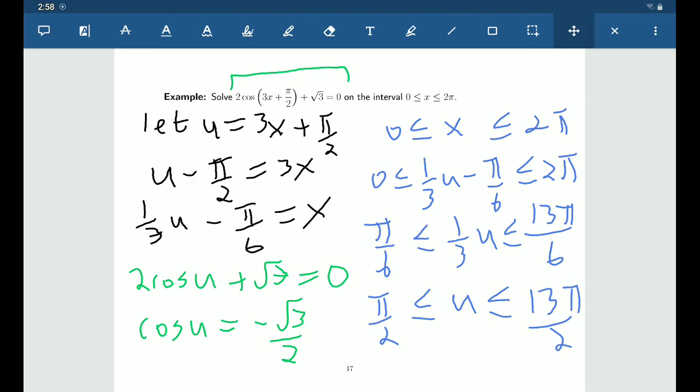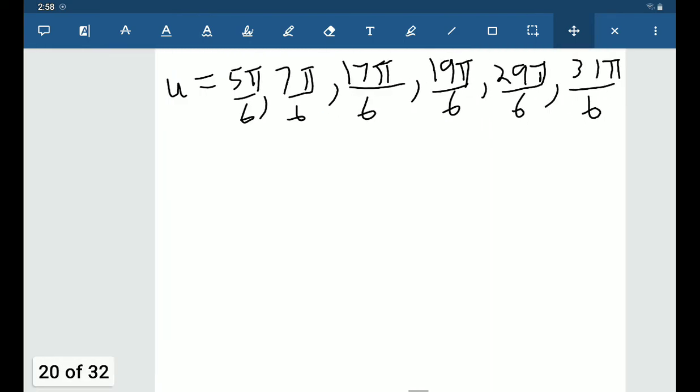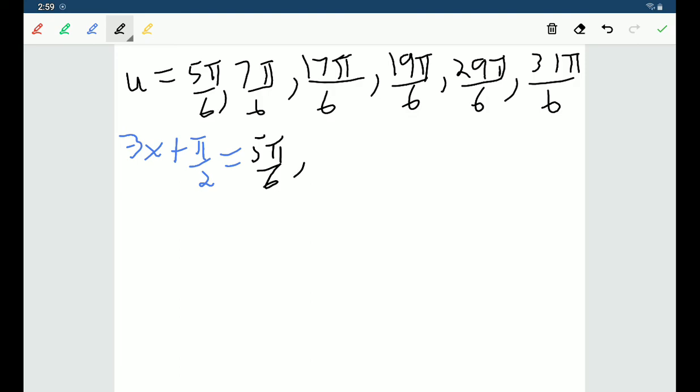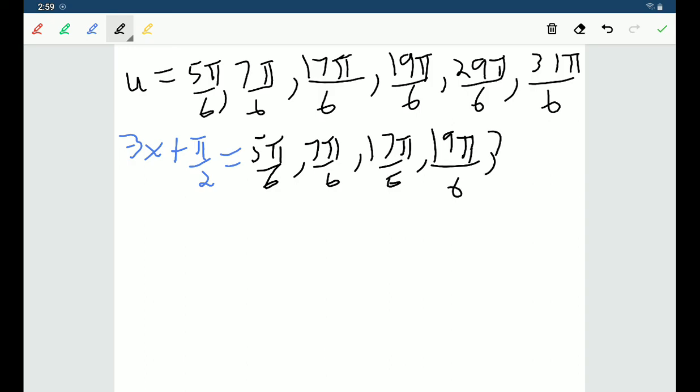So now we'll use the fact that u is the same thing as 3x plus pi over 2. So we can say that 3x plus pi over 2 is equal to all of those angles: 5 pi over 6, 7 pi over 6, 17 pi over 6, 19 pi over 6, 29 pi over 6, and 31 pi over 6.